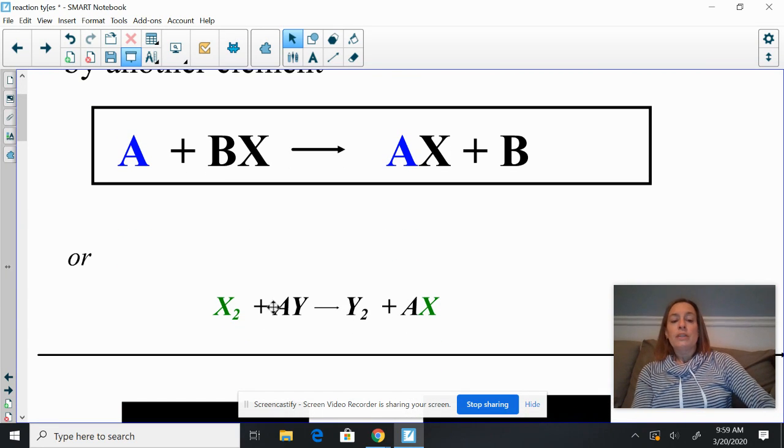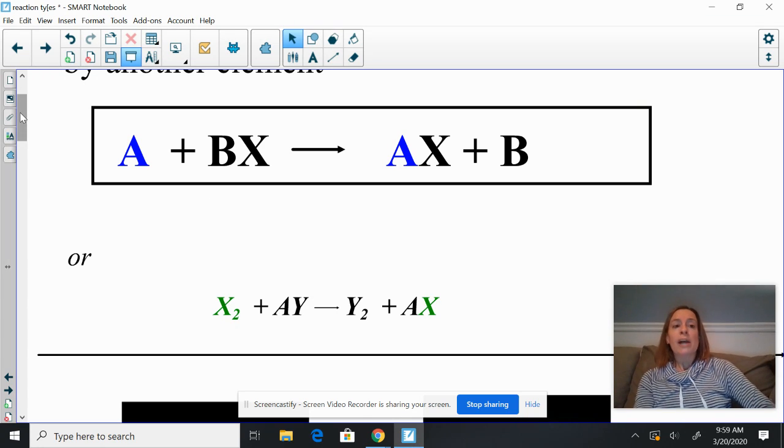I've shown it this way as well. Sometimes the element that's being replaced is actually the second one. So notice this free element here might replace the Y, right? So now the Y is by itself and the X took its place.